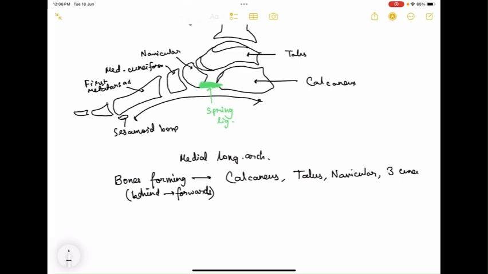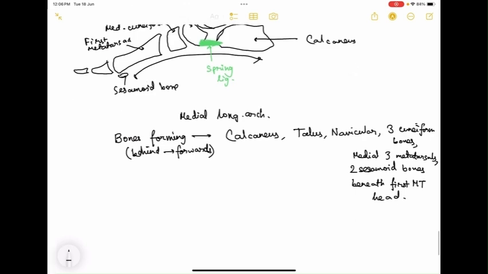When you move on to the lateral longitudinal arch, there are no cuneiform bones. The three cuneiform bones, medial three metatarsals. We know there are five metatarsals, but here only the medial three. Two sesamoid bones beneath the first metatarsal head. Metatarsal head. Wonderful.